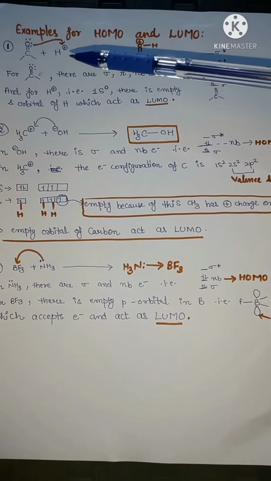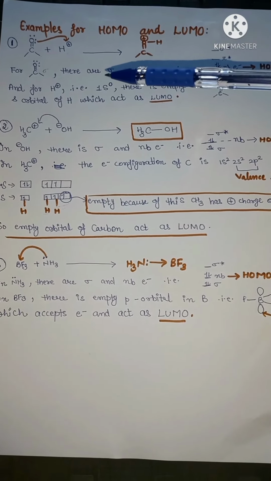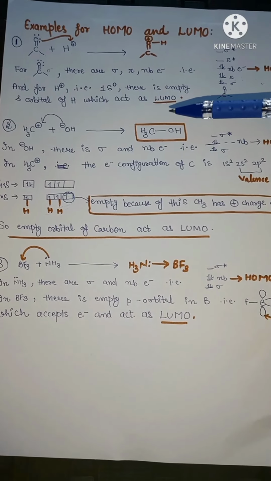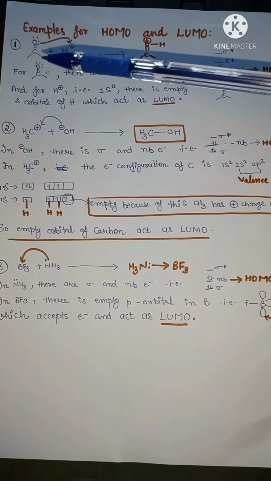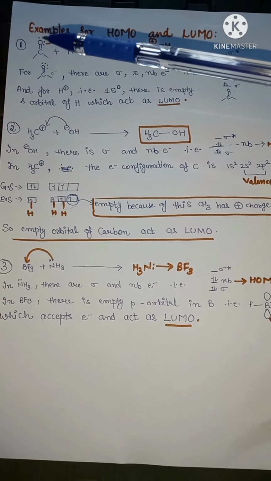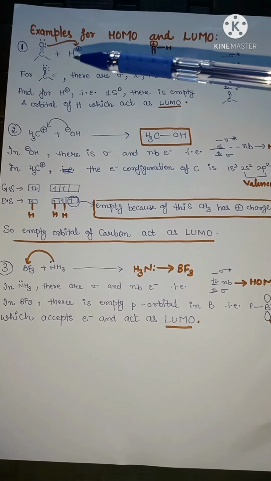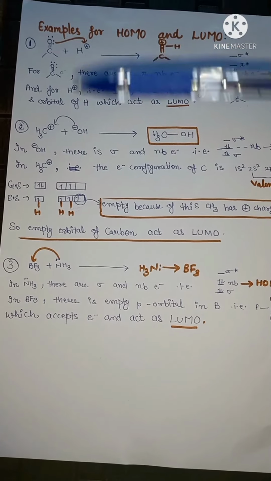Whereas in H positive ion, the electronic configuration is 1s0. It means it has an empty s orbital and acts as LUMO. So in the first example, the carbonyl non-bonding electron will act as HOMO and the proton's empty s orbital will act as LUMO.